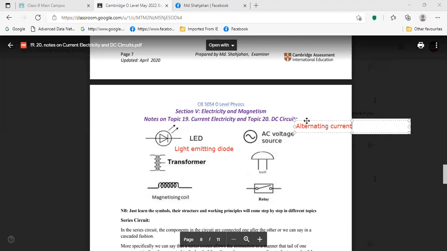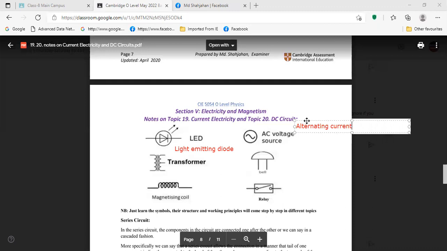What is alternating current? Normally in DC, direct current, we have the current flow in one direction, but in alternating current we have the current flow in both directions, from left to right or right to left. In 1 second it alternates 50 times, 100 times, 150 times, this way. That's called alternating current.